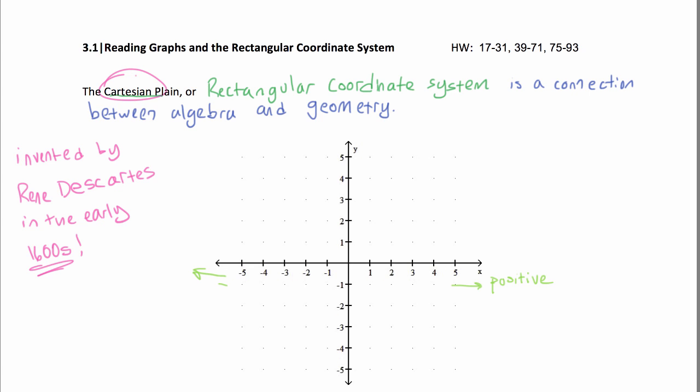Then all we did is take another number line and put it vertically across. So this is the y-axis, and that goes positive in this direction and negative in this direction. It looks like I forgot to label the x-axis here, but yes, this is the x-axis.